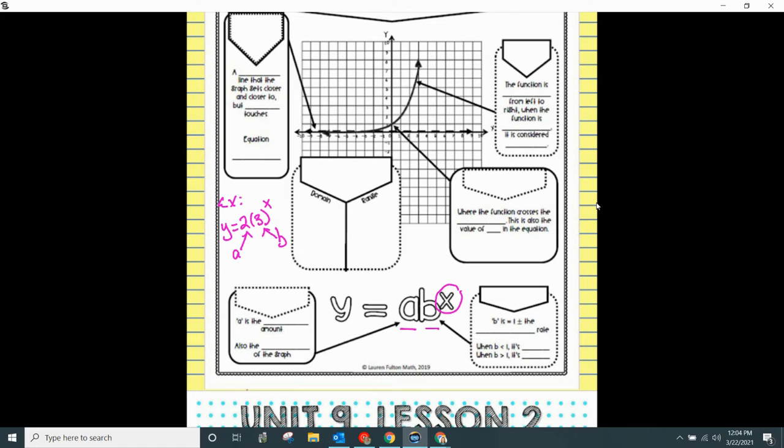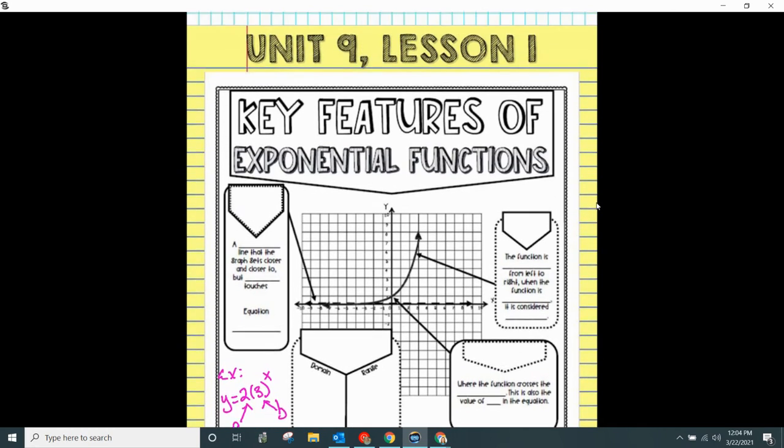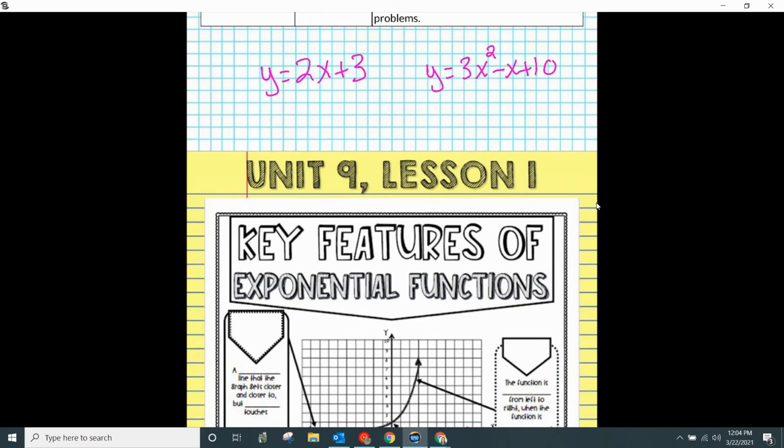Your A value is always the initial, or you can think of it as the starting amount. It's also always going to be the y-intercept of your graph. So if you're asked for the y-intercept, boom, it's the A value. Now remember, in all the other equations that we've ever talked about, our y-intercept is something we can easily pick out.